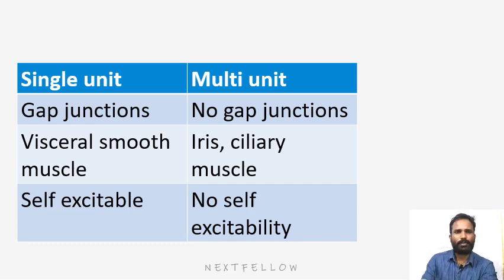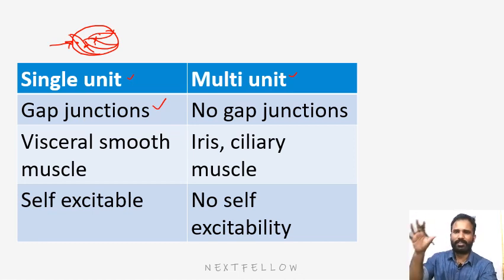There are two types of smooth muscles, single unit and multi-unit. In single unit, every smooth muscle cell is connected to the next smooth muscle cell with the help of a gap junction. So if I stimulate one smooth muscle cell, the entire smooth muscle works as a syncytium. Due to the presence of gap junctions, the whole muscle acts as a single group.